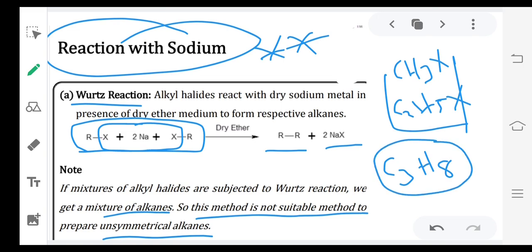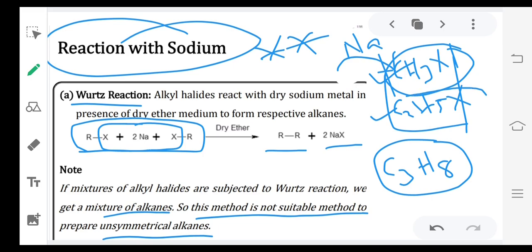If you want to prepare a three-carbon alkane, you have to take CH3X and C2H5X. These two are in the reaction vessel. When you add sodium pieces to this vessel, the reaction takes place between these two alkyl halides, as well as between only CH3X, and you will get C2H6. If the reaction takes place between only C2H5X, you will get C4H10.